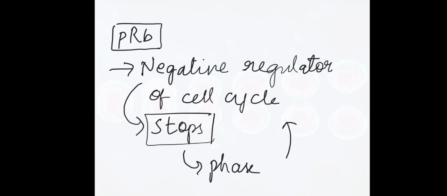So this was the first tumor suppressor gene. Rb1 was the first tumor suppressor gene to be discovered.